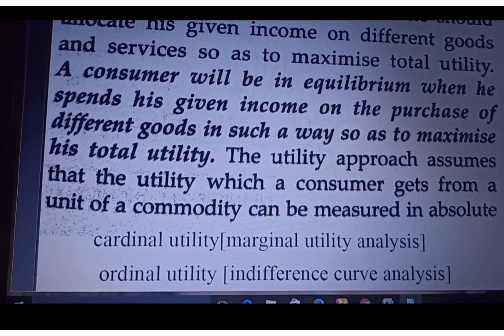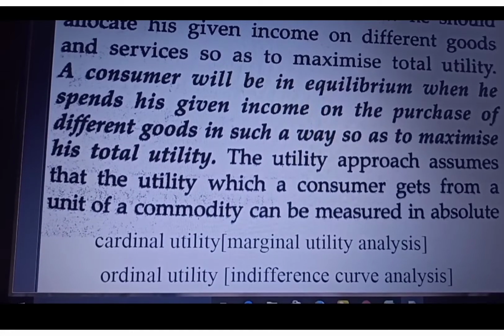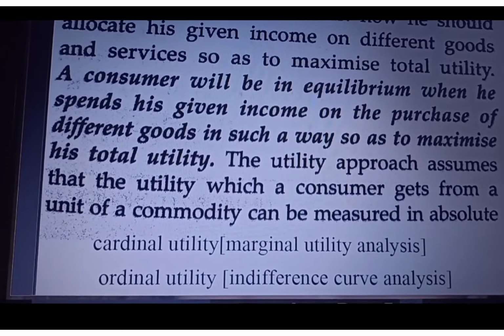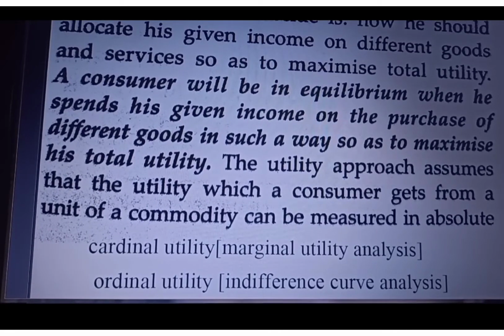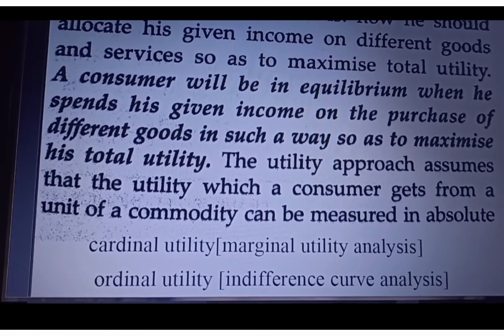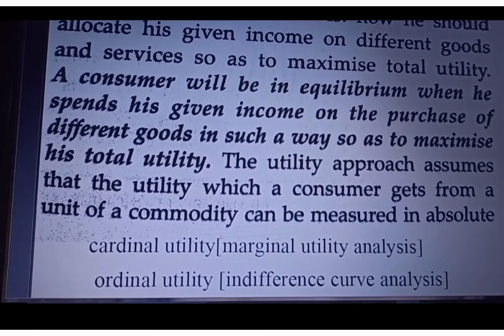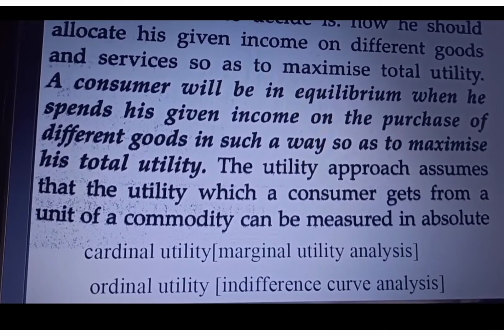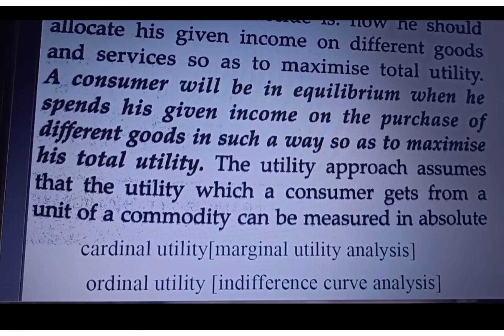When we measure the satisfaction from the number of units of the commodity, in cardinal numbers 1, 2, 3, 4, that is known as cardinal utility analysis, which we discuss in marginal utility analysis. So cardinal utility refers to marginal utility.